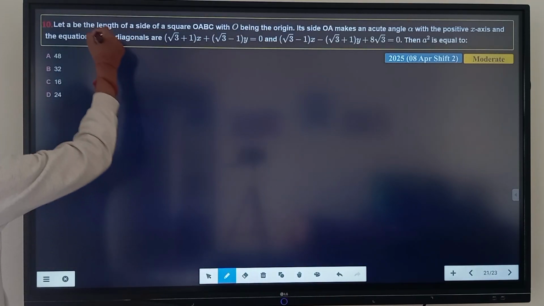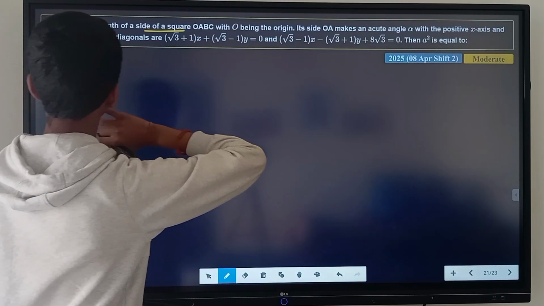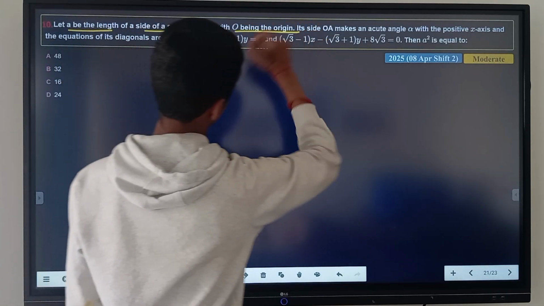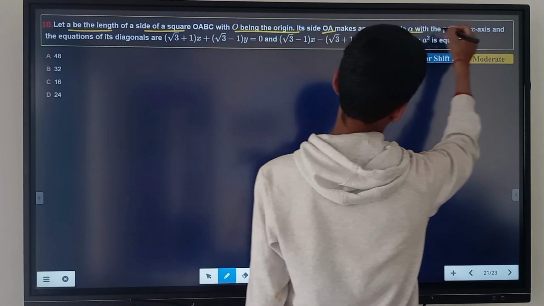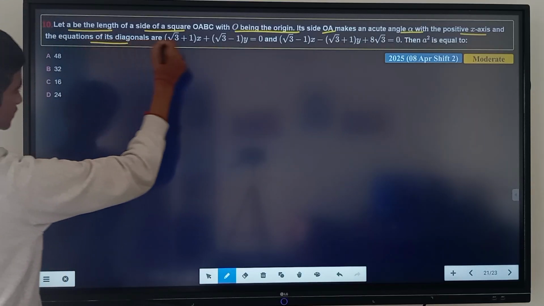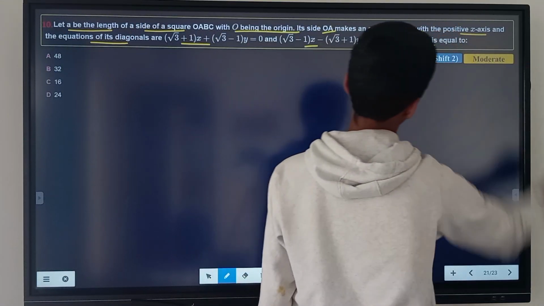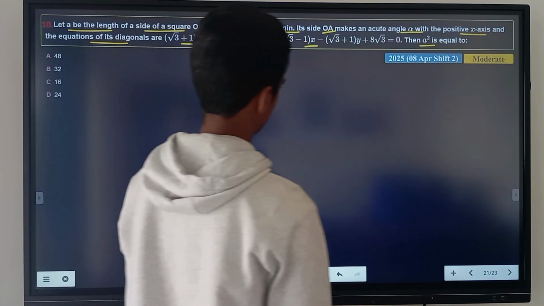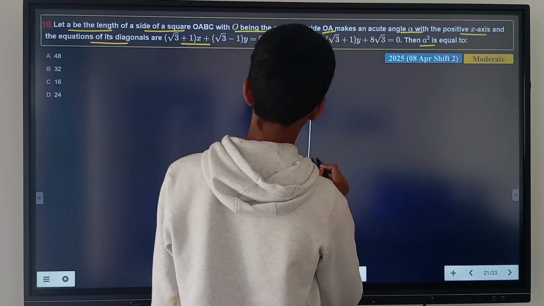This time our question says let a be the length of a side of a square OABC, O being the origin, its side OA makes an acute angle alpha with the positive x-axis, and the equation of its diagonals are this and this. Then a square is equal to. So first let's plot this square.